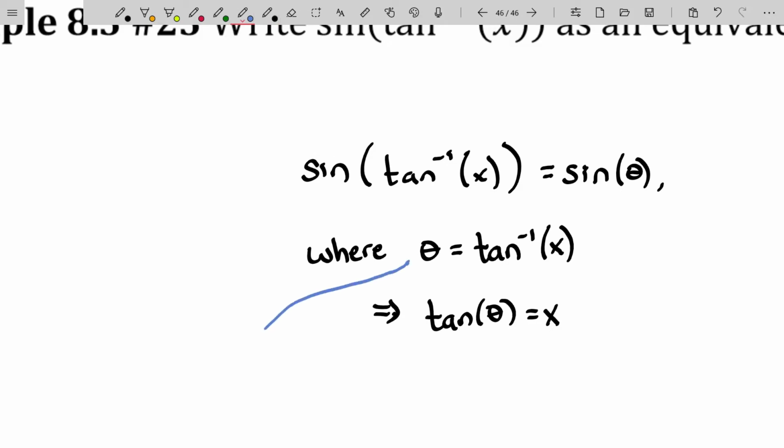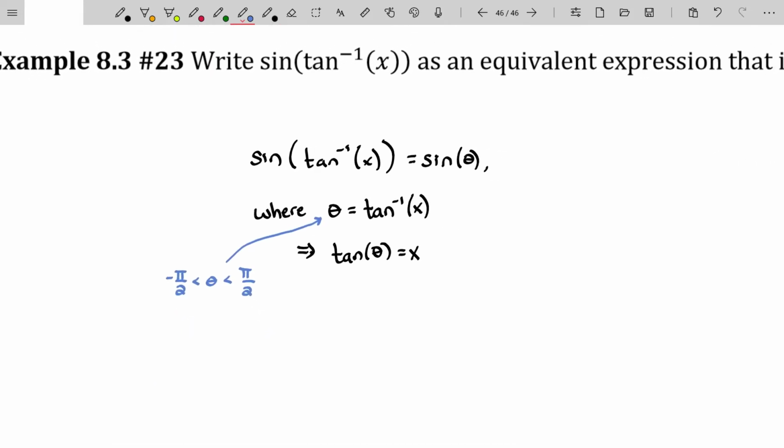Now, it is important to note that our angle, because it's returning from a tangent inverse, must be between negative pi over 2 and positive pi over 2. There are no other restrictions on tan inverse right now, so there are two possibilities. You have your angle in quadrant 1.